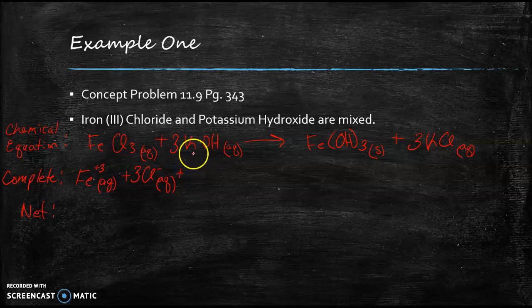The same thing is going to happen to our potassium hydroxide. We have 3 potassium ions with a positive 1 charge in an aqueous solution. And we have 3 hydroxide ions with a minus 1 charge in the aqueous solution. On the other side, we have iron 3 hydroxide as our solid. Remember, solids are insoluble, they don't dissolve.